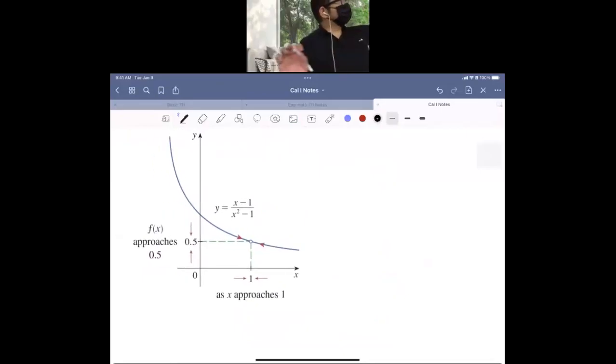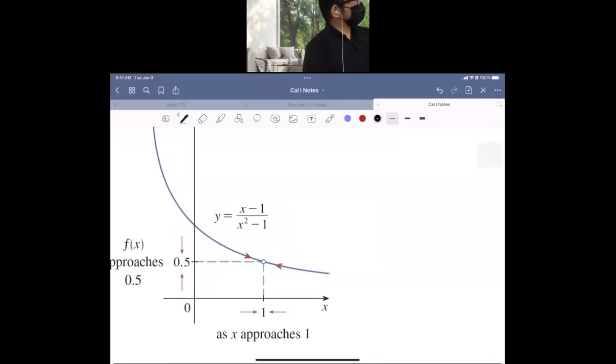When we have this equation, or this function, x minus 1 over x squared minus 1. Okay. So we draw, and then you need to observe the denominator, this x squared minus 1. Okay. We need to be careful that we need to define this in the domain, okay, in their domain.